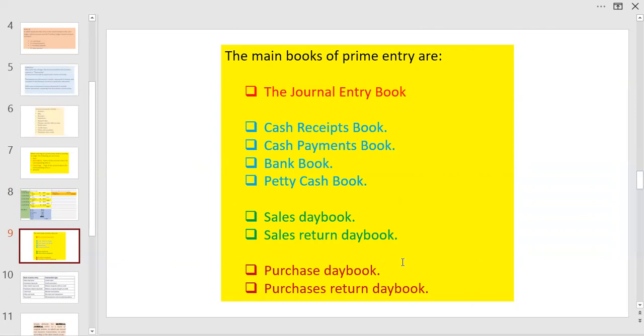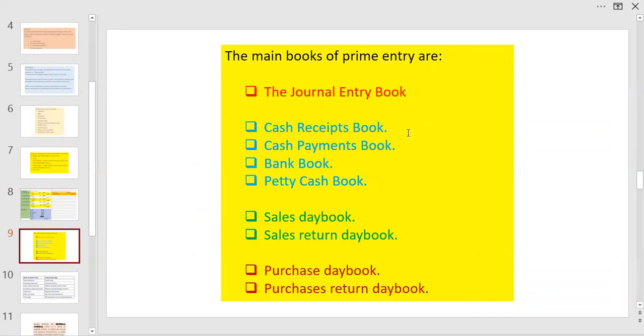Purchases daybook, exclusive for credit purchases. Similarly, sales return daybook, purchase return daybook. Cash book is only for cash transactions. Petty cash book.